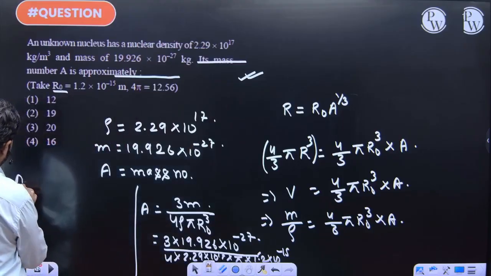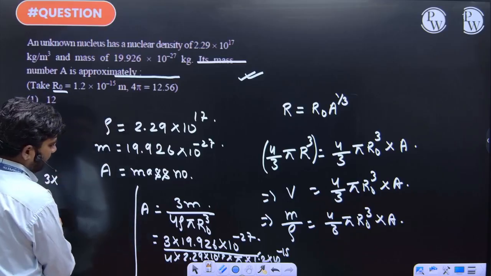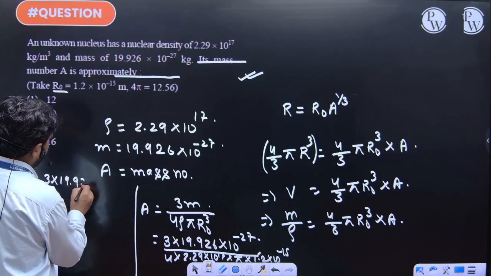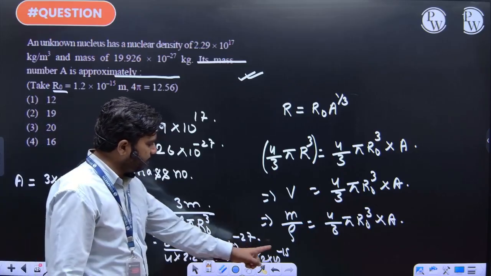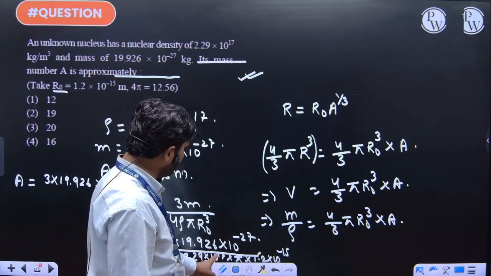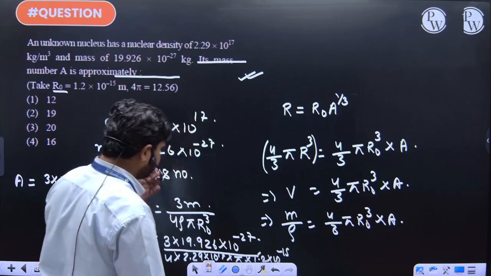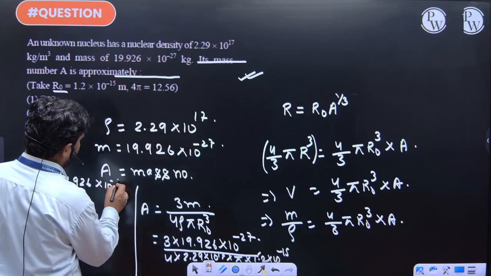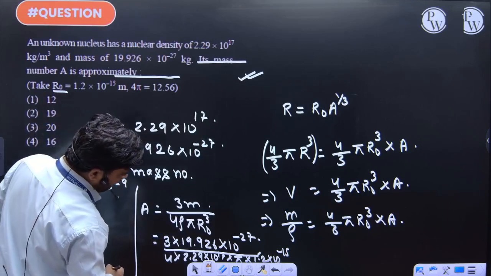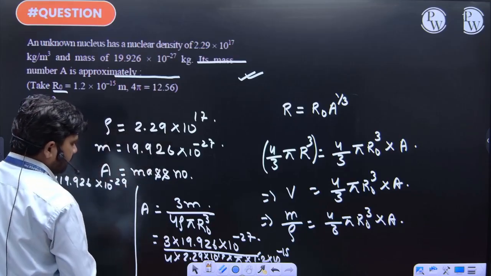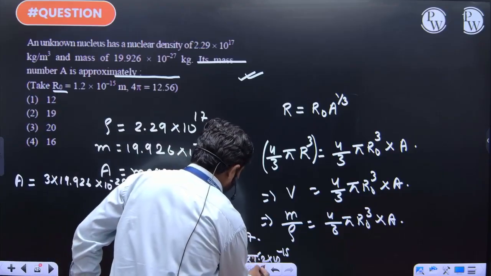So A is equal to 3 into 19.926, let's write it down, at last we will solve it, into 10 to the power 17 minus 15, that is 2, minus 27 plus 2, minus 29, correct? Did I miss anything? Oh, it is cube, sorry.